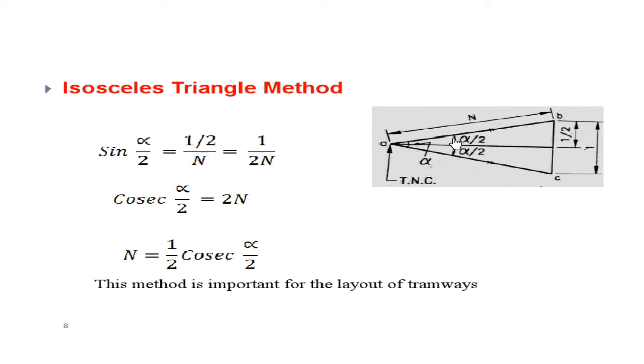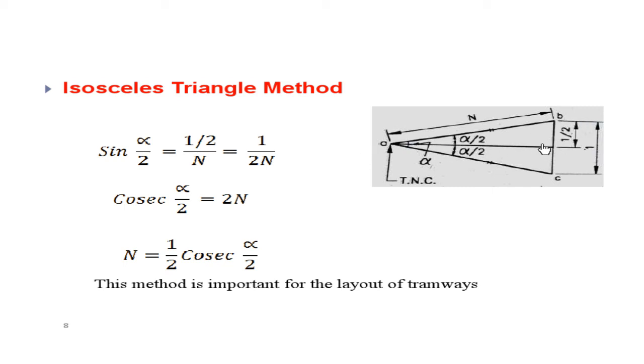Now if you take sine alpha by 2, then what will you get? Sine alpha by 2 will be equal to opposite by hypotenuse. We actually want a relationship between n as well as alpha. That is the reason why we are taking sine here. In the previous methods, what we took was tan alpha, because there this was the opposite value and this was the adjacent value.